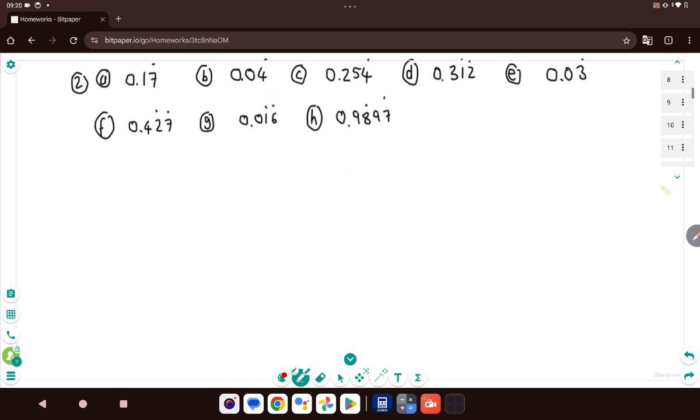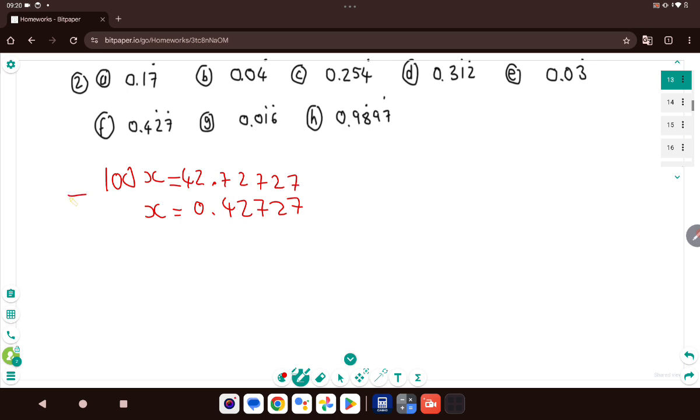Okay, and this last one, F, G and H. I'm going to be multiplying it by 100 because double digit recurring. Multiply it by 100, you get 42.727. If they don't line up nicely, you know you've gone wrong somewhere. 100x take away 1x, 99x.